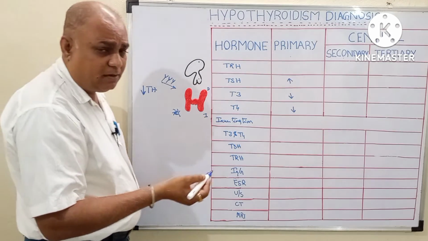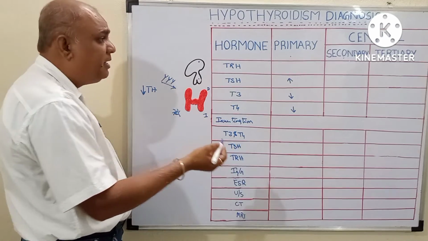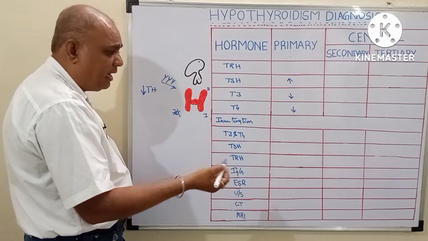Now, what are the causes which may lead to primary hypothyroidism?